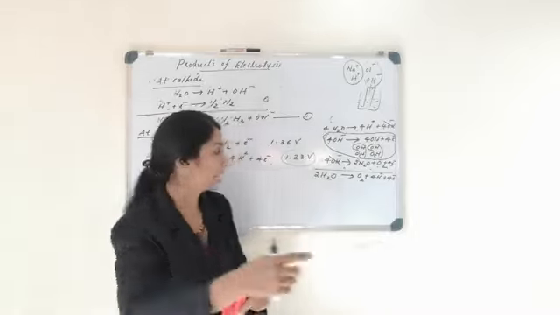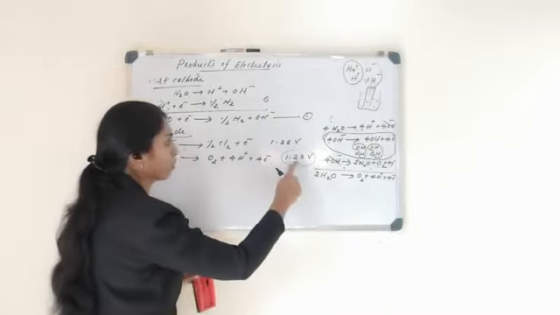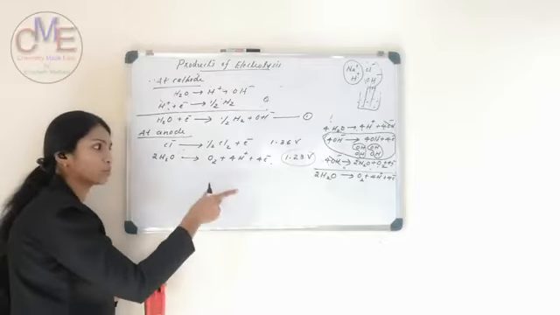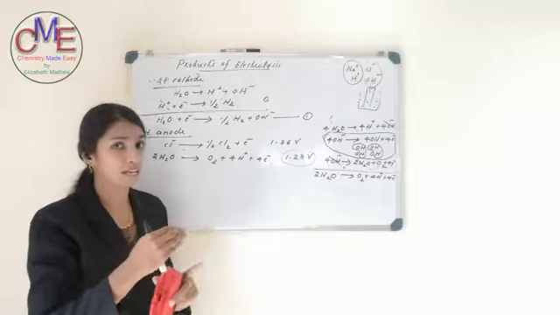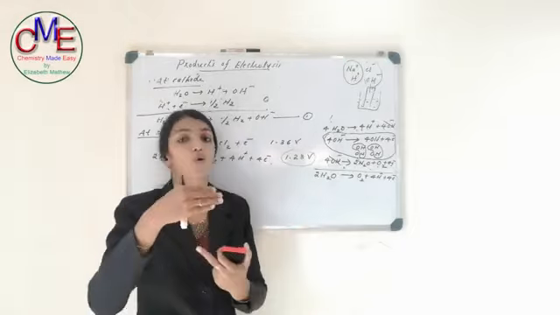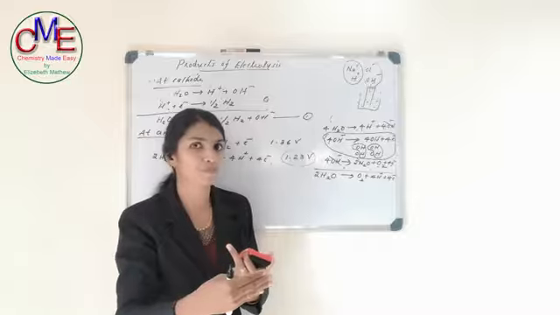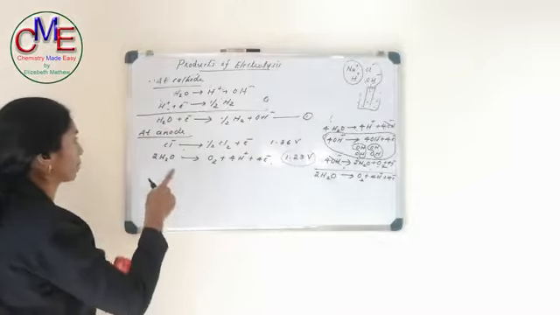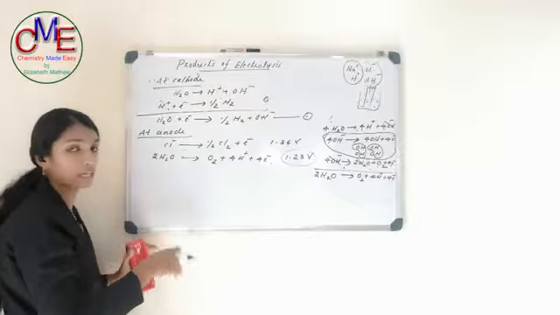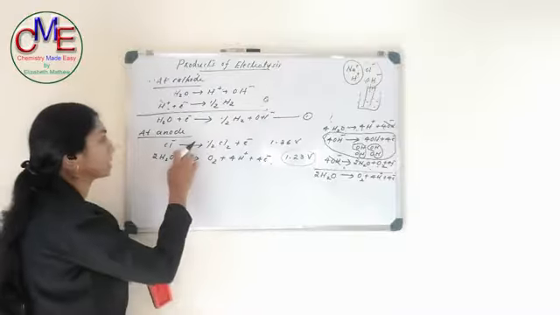Here, if you provide 1.23 volts, this reaction occurs. This reaction is feasible, but it occurs very slowly. So this reaction requires an overpotential to take place. So here the product obtained at the anode, the chemical reaction that occurs at the anode, is this one.